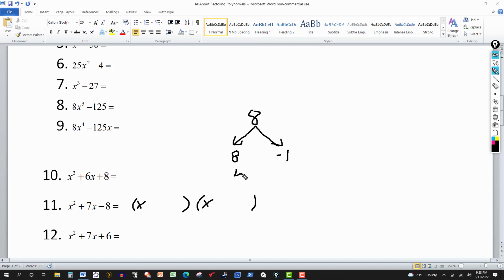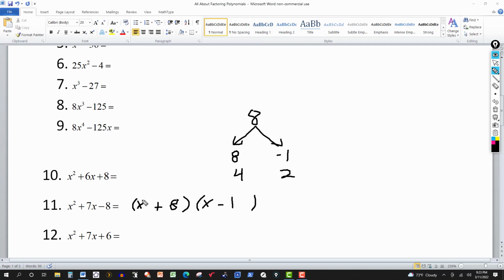We have 4 times 2, 4 times, and then I get 1 would have to be negative here. But we already have it, because 8 times negative 1 is a negative 8, and 8 and negative 1 is positive 7. So this one here then should be a plus 8 and minus 1.